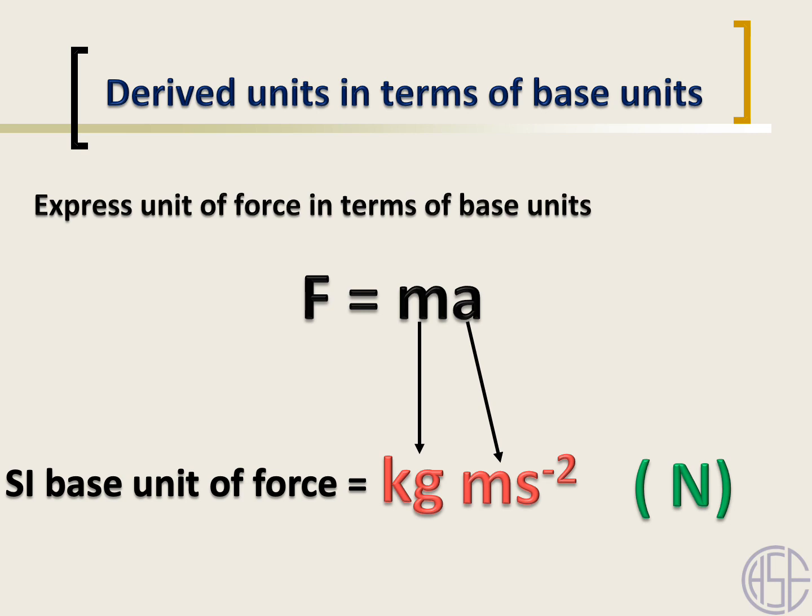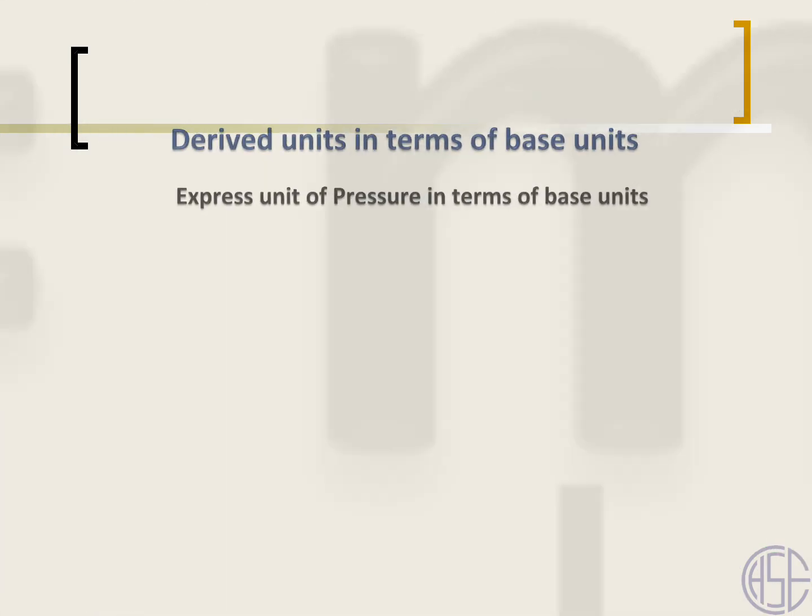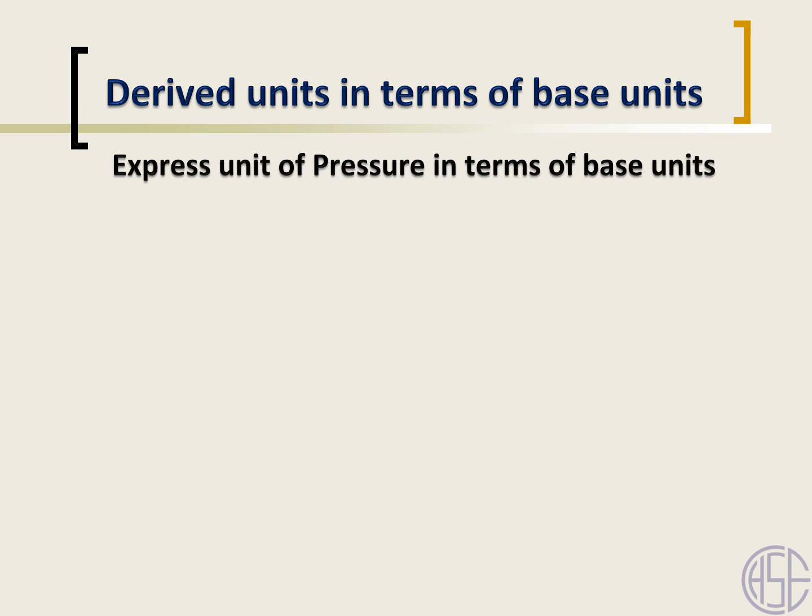So let's see one more example. Pressure. Now I'm taking the example of pressure. So how do you express pressure in terms of its base units? For that you need the equation, but it will be there in the formula sheet. We just have to convert each term into its base units.